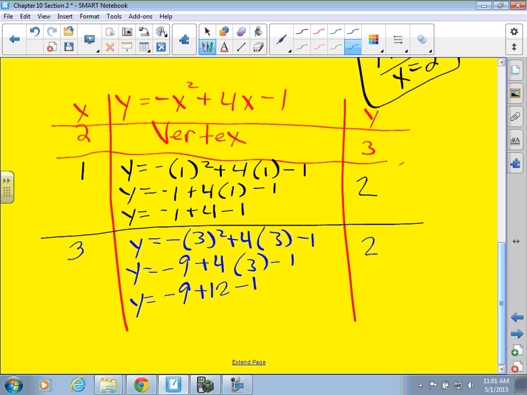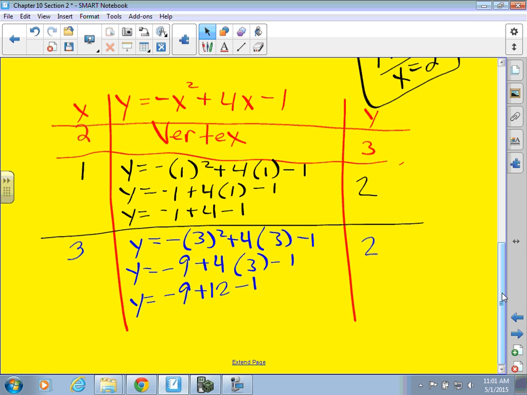If you didn't see those double numbers, you did something wrong. Either your vertex is wrong or your other two numbers were put in wrong, or you didn't do one bigger, one smaller. You might have done one bigger, two smaller. Okay. All right, so the next step would be to graph.